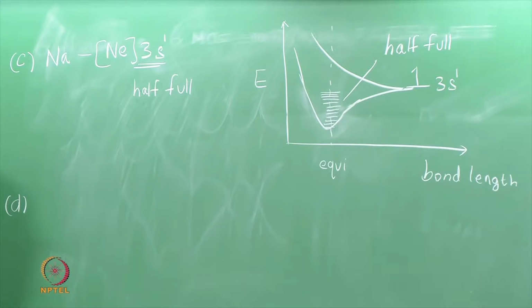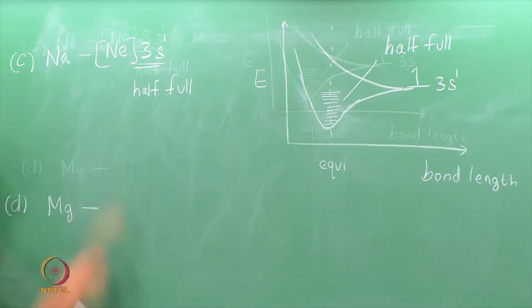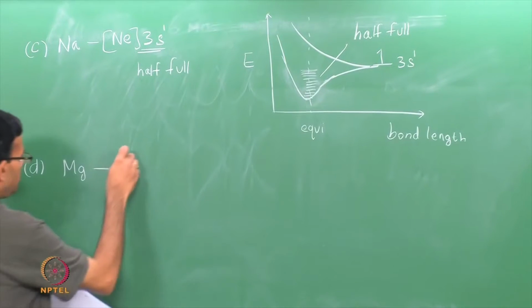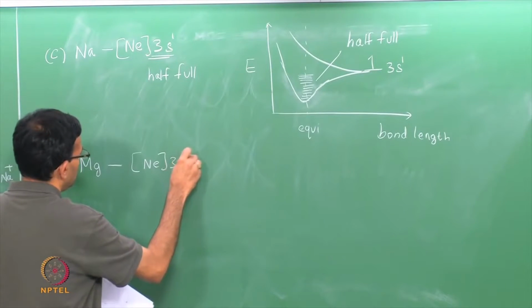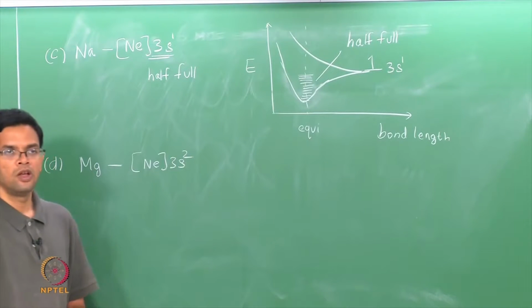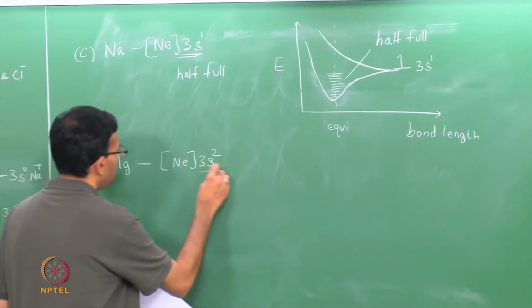The last one we are going to look at is magnesium. Magnesium is also a metal, but it has the configuration neon 3s2. So, 3s2 is essentially a full band.